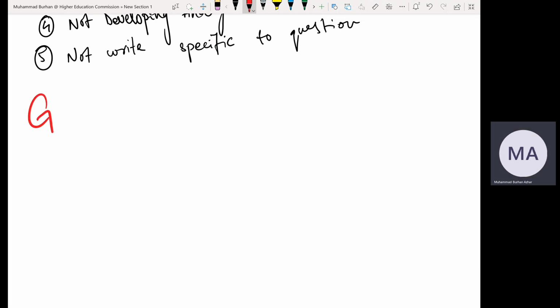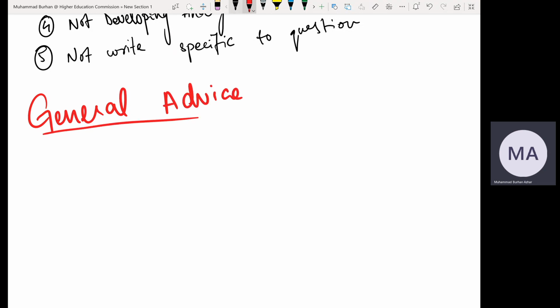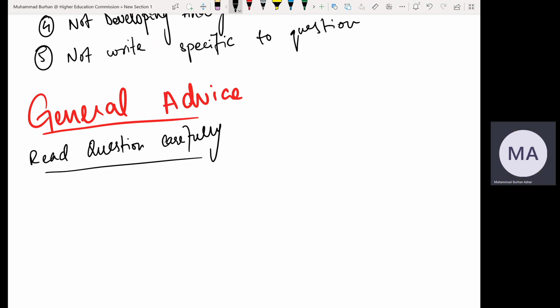ठीक है? And now finally there are some general advice for you guys कि what to do. सबसे पहले read the question carefully when answering the question. So read the question carefully. This is something जिसके ऊपर I cannot emphasize more कि you have to know your command words. You have to know what you are required to answer and you should be able to make points according to that. You always have a choice.